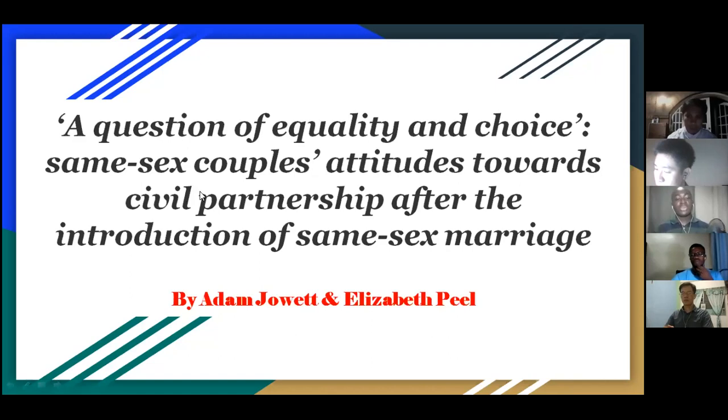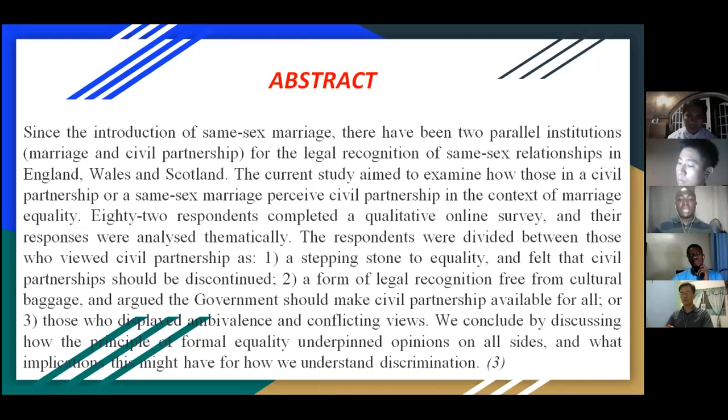Researchers wanted to know more about this question, and they used online survey to come up with the results of their research. As a result, as we can read, they conclude by discussing how the principle of formal equality underpinned opinions on all sides and what implications this might have for how we understand discrimination. This is somehow a conclusion of the research, and we can already see that using online survey during a time of pandemic is really helpful.